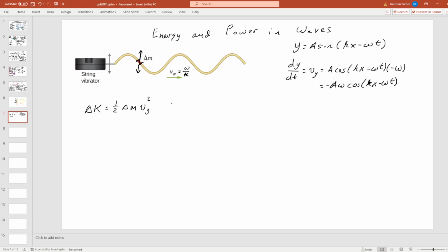Another thing to note as we work through this derivation is that delta m, the mass of this little differential piece of mass, is going to be equal to the mass per unit length, mu, times this length, delta x.